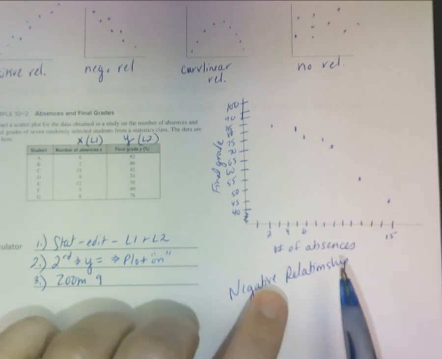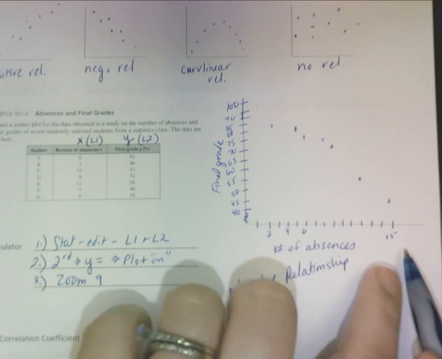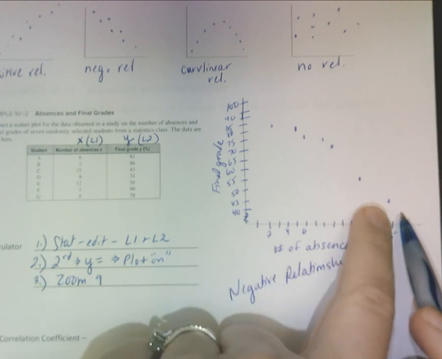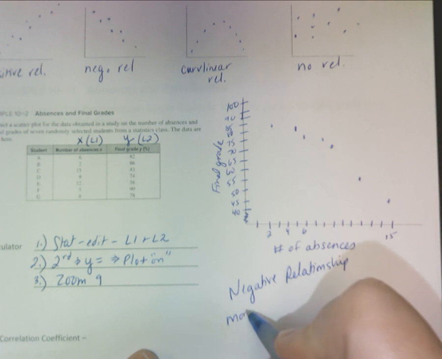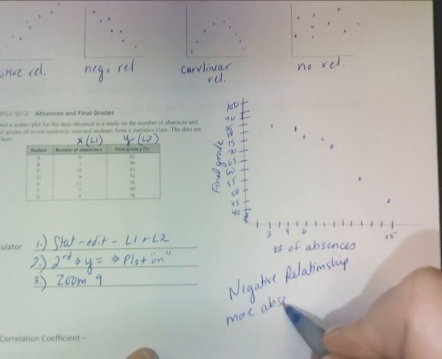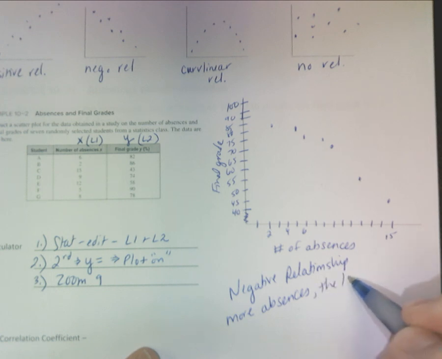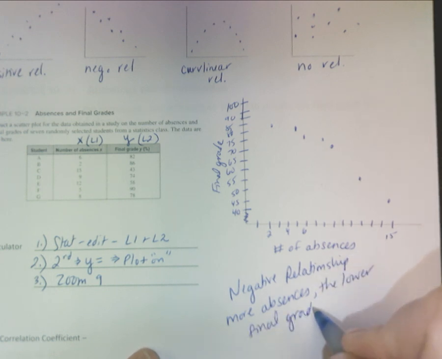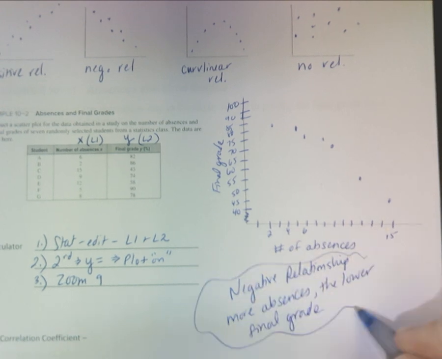Well, meaning that the more absences, the lower your final grade. More absences, the lower final grade. Again, all things that you can say in your project when you have some kind of correlation going on.